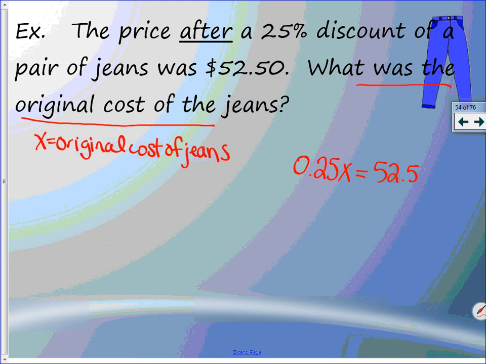So, do we think the jeans cost $210? No.